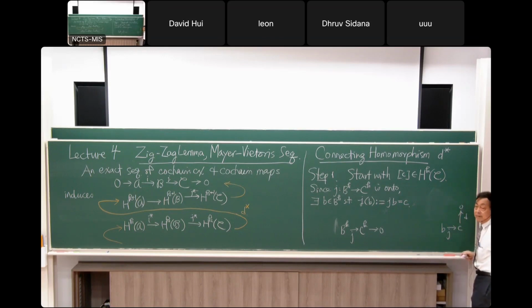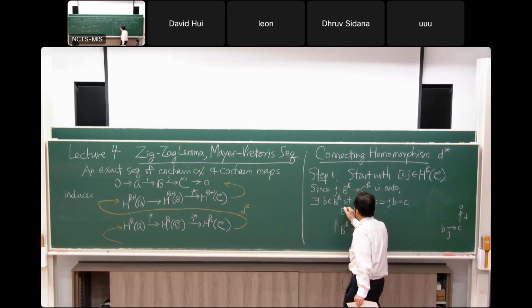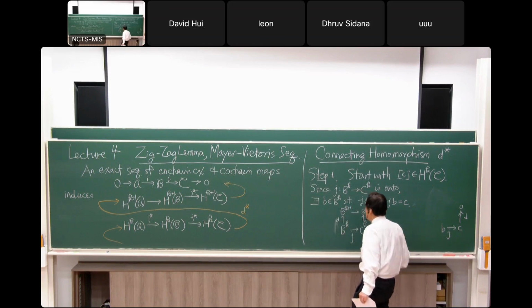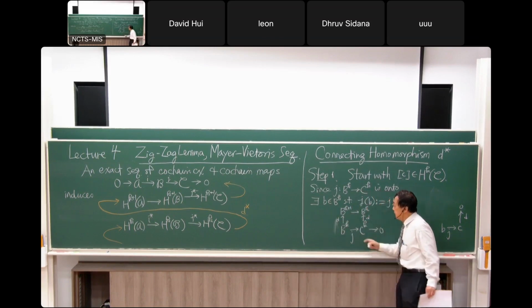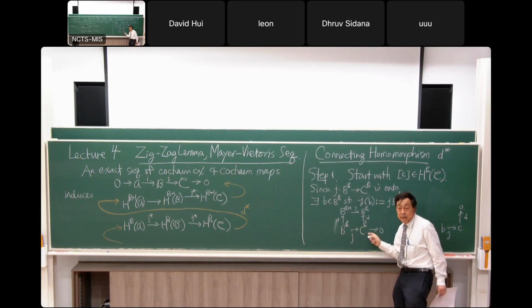You've got this, and then we have B^(k+1) mapping to B^k. To say that J is a cochain map means that you have this commutative diagram.